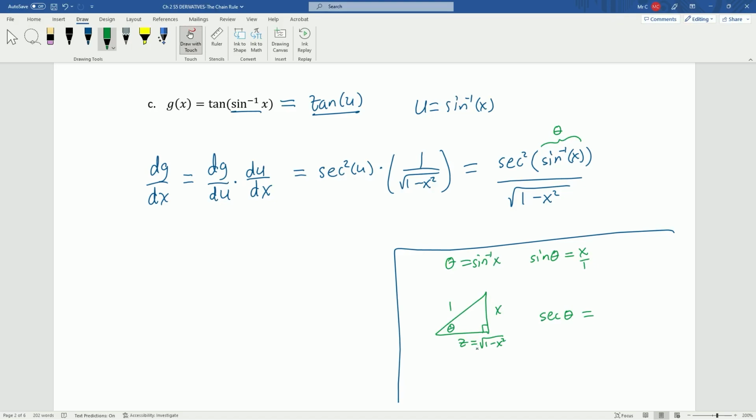It's 1 over cosine. And so secant squared of theta would be 1 over that square root squared.